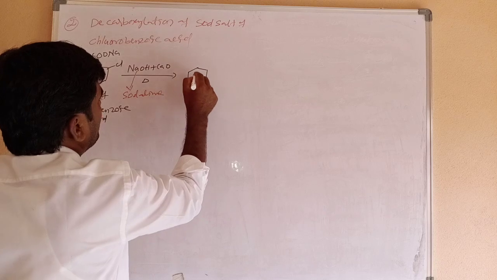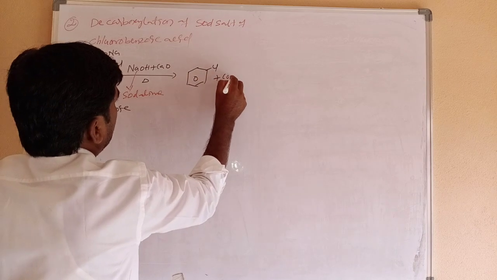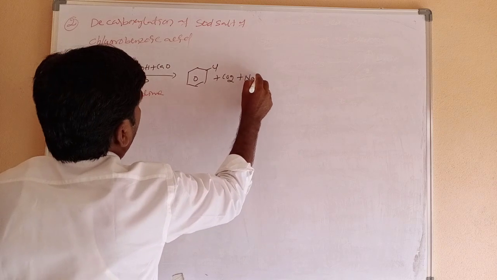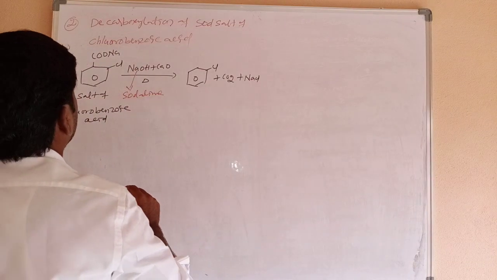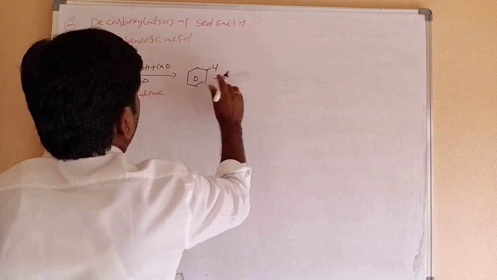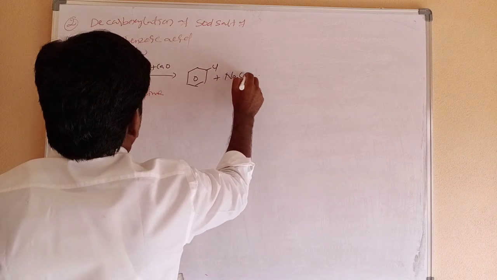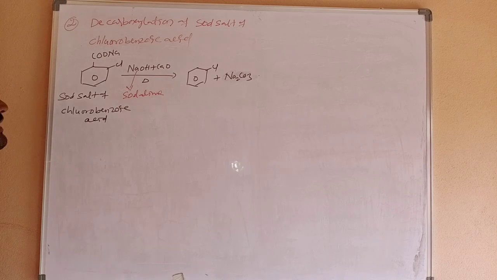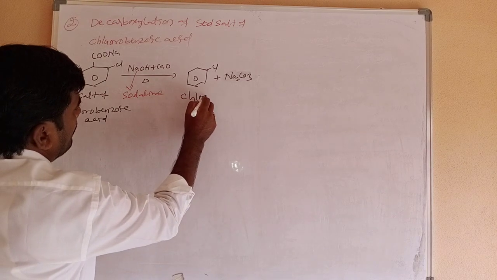We will get chlorobenzene like this, plus CO2 plus NaCl, and Na2CO3, sodium carbonate, will form. Clear? This is decarboxylation of the sodium salt of chlorobenzoic acid. Chlorobenzene.